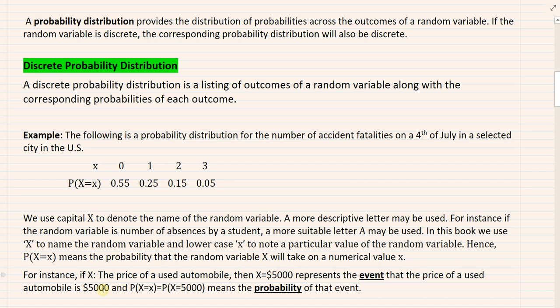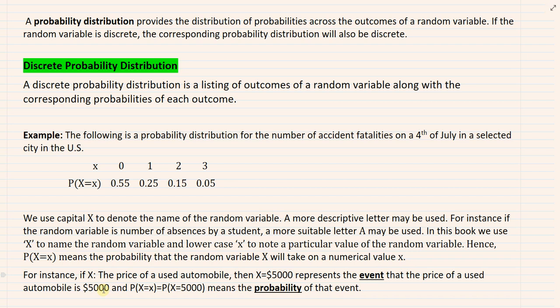Let's say capital X is going to be the price of a used automobile. Of course, it depends on the automobile, right? Let's say this is a Toyota or a Hyundai or something. $5,000 is probably about 10 years old. Then if you say X = $5,000, that defines an event.